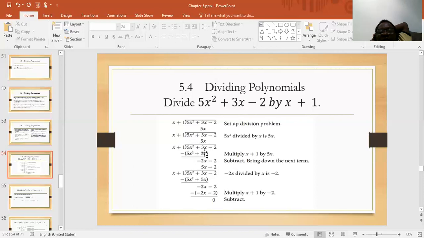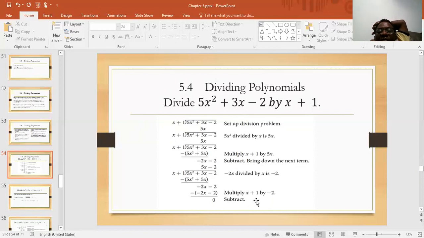Subtracting it from 5x squared plus 3x minus 2, we will have minus 2x minus 2. That is 3x minus 5x is minus 2x, and minus 2 minus 0 is minus 2.